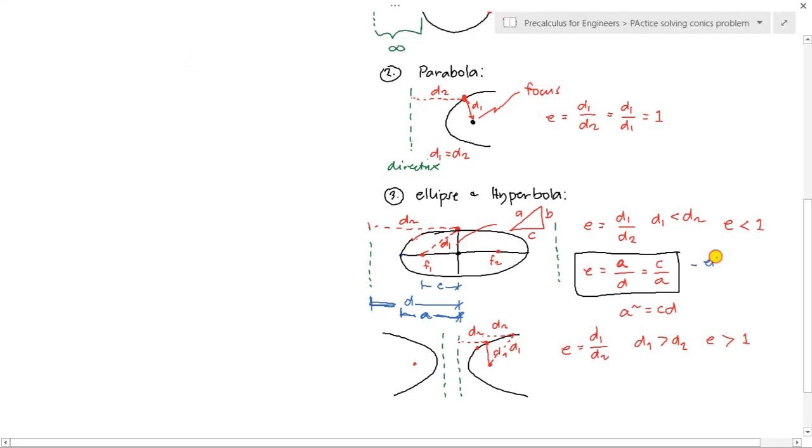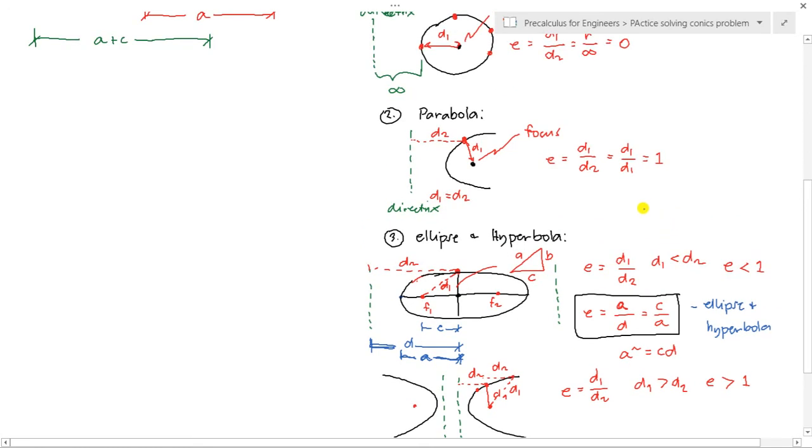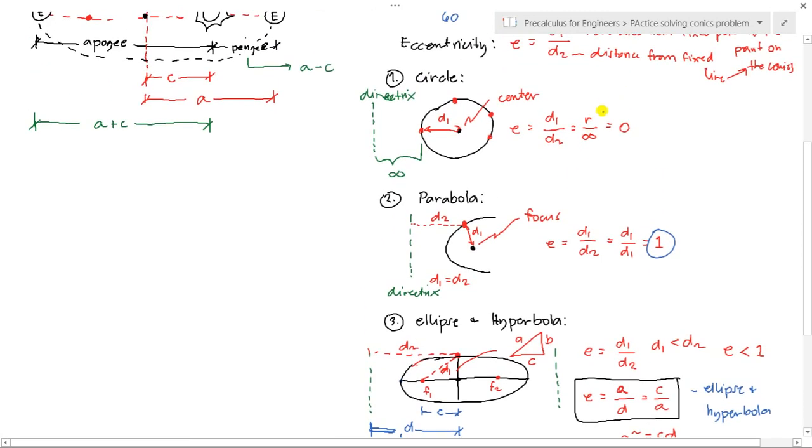for ellipse and hyperbola. For parabola, there is no formula because automatically any type of parabola has eccentricity equal to 1. The same thing with circle, whatever the circle is, even with a different radius, eccentricity is 0.